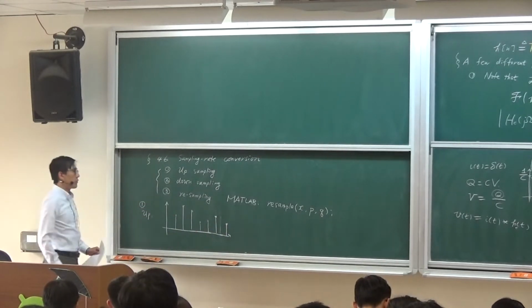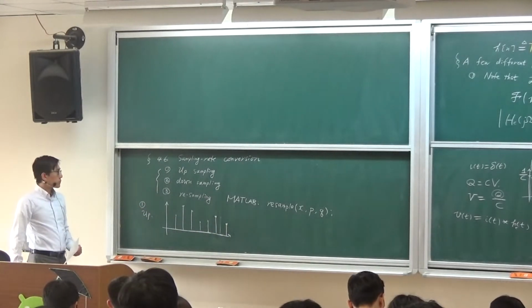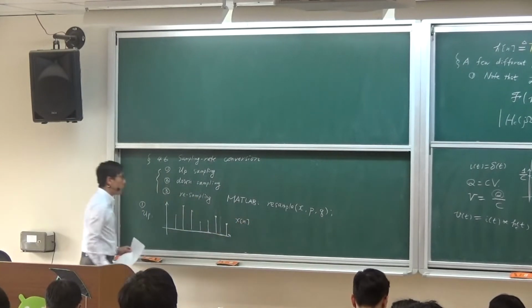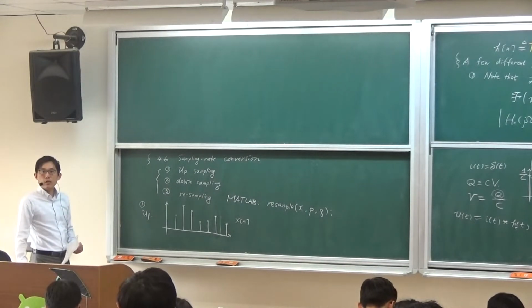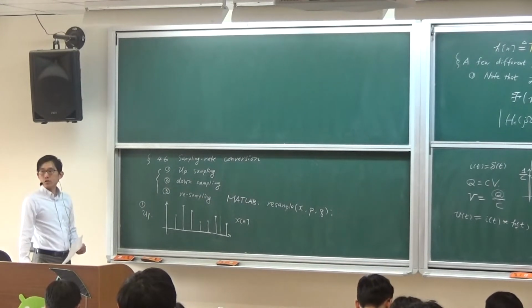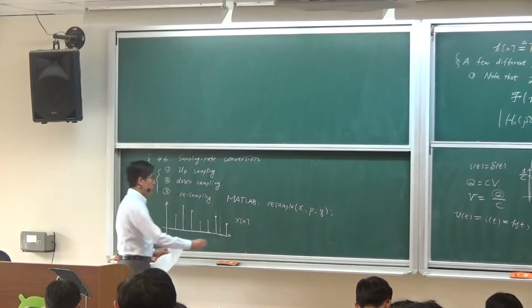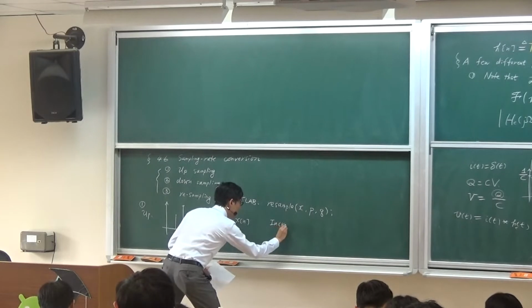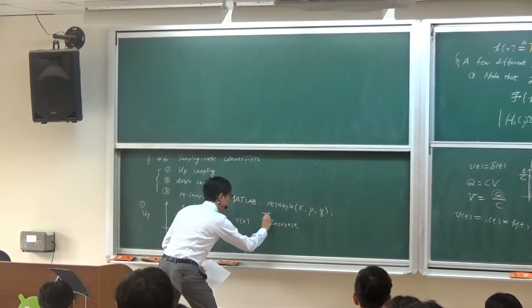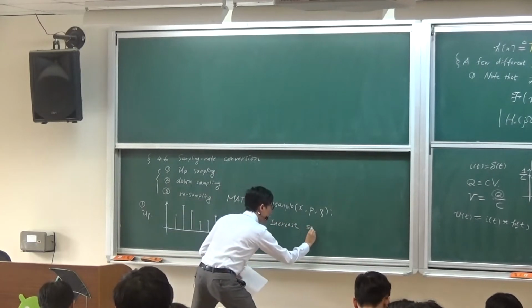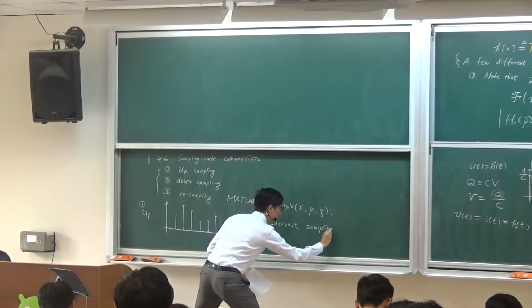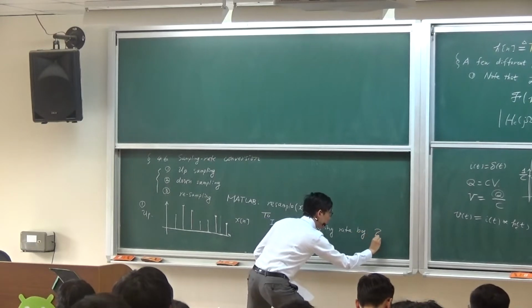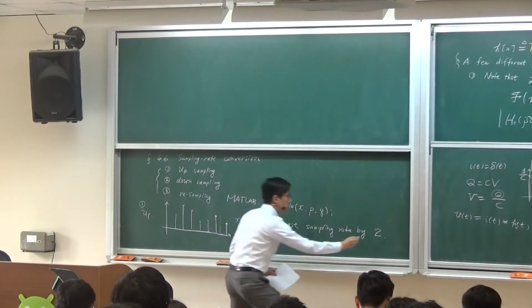So let's say we are given a discrete time signal, x of n. And somehow we want to expand it so the sampling rate becomes twice as much. Okay? So suppose that our task is to increase the sampling rate by a factor of 2.